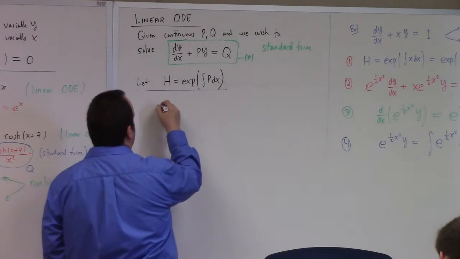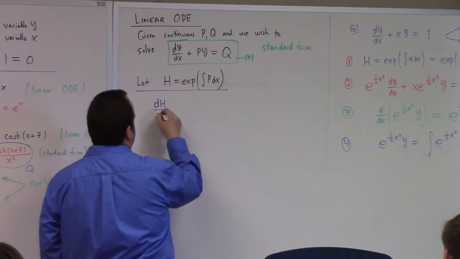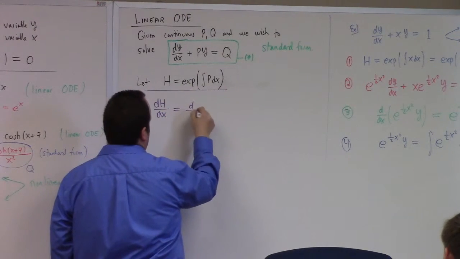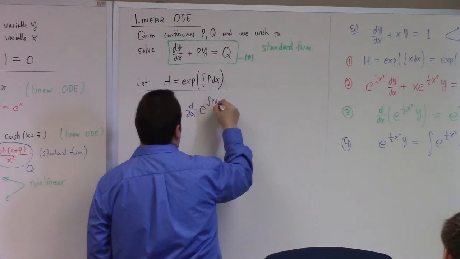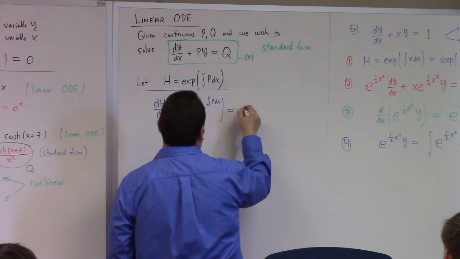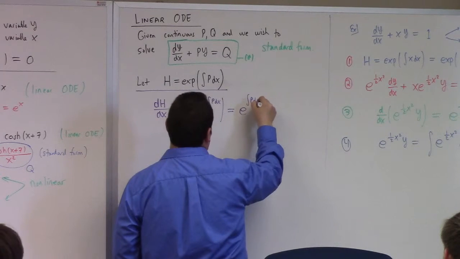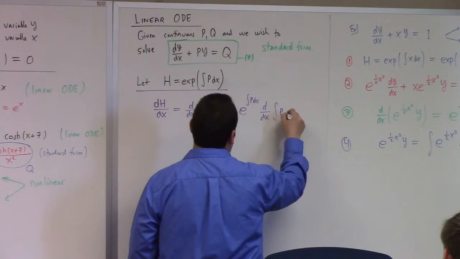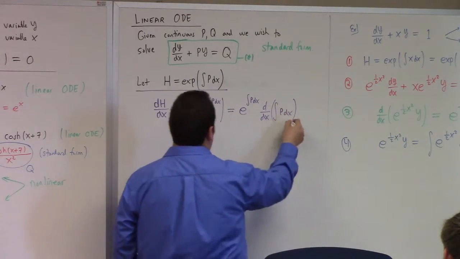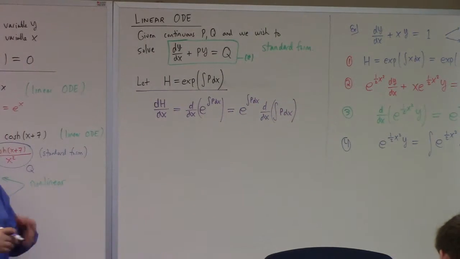So we calculate dh/dx. What do we get? d/dx of the exponential, right? So that's e to the integral of P times the derivative with respect to x of the integral. Why did I do this? We have e to the u, right? What's the derivative of e to the u with respect to x? It's e to the u times du/dx. That's all I'm doing.